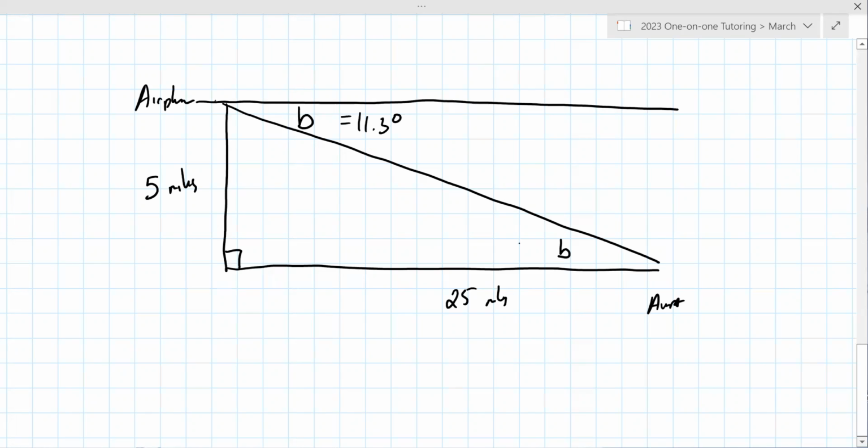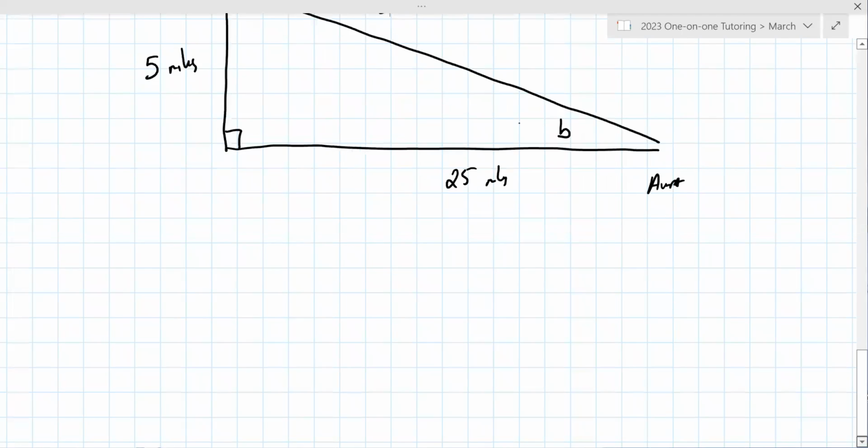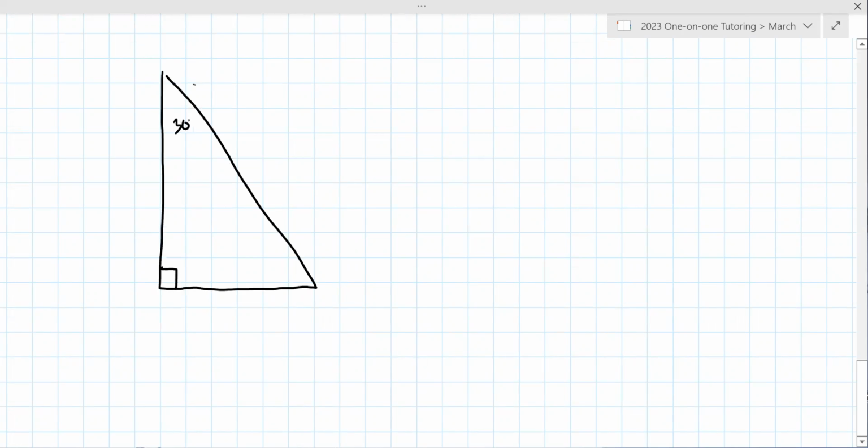So now I guess we can move to 30, 60, 90 triangles. There's a reference triangle that you have to know to be able to do any of these problems. The 30 degrees is across from the short leg, and the 60 degrees is across from the long leg.